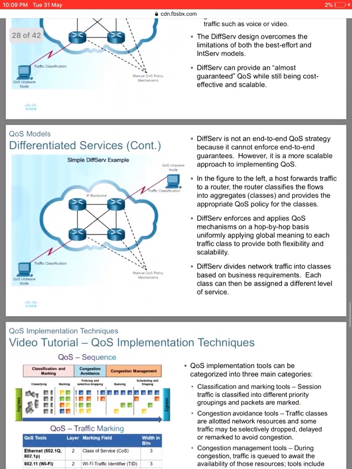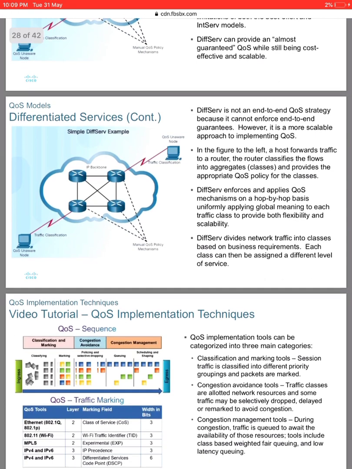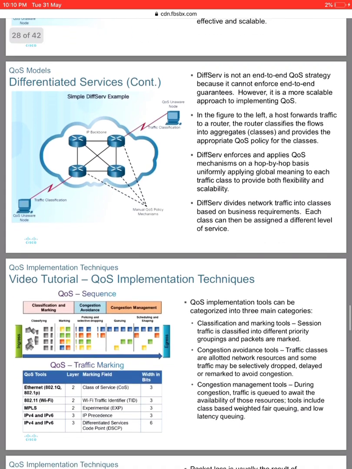So, DiffServ is not an end-to-end QoS strategy because it cannot enforce end-to-end guarantees. However, it is a more scalable approach to implementing QoS. When a host forwards traffic to a router, the router classifies the flows into aggregates and provides the appropriate QoS policy for the classes.